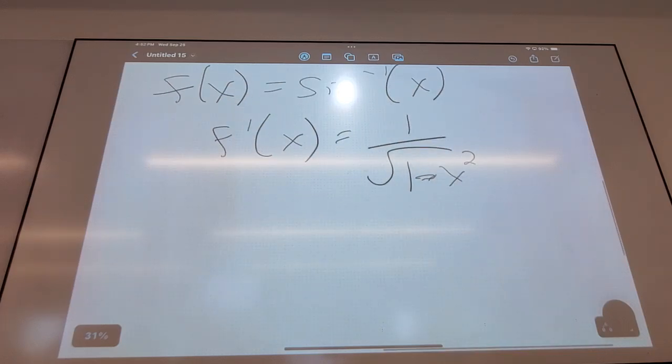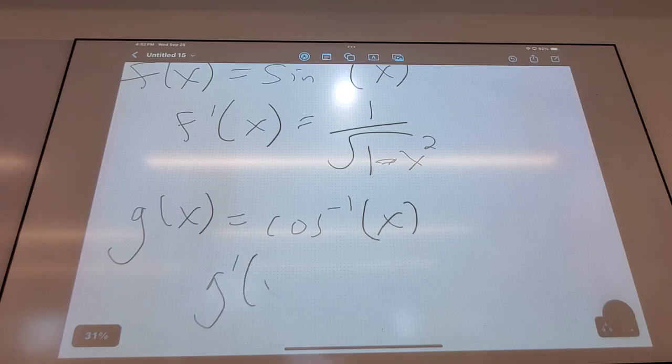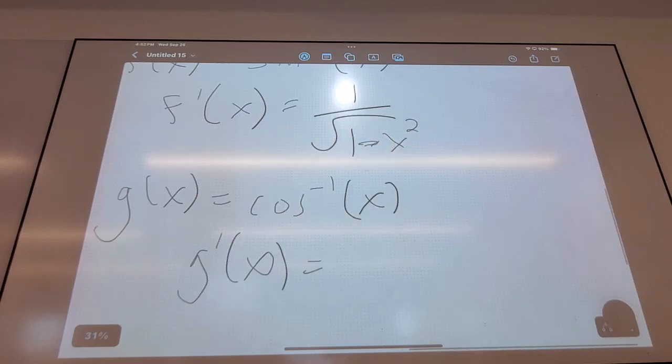Can somebody hazard a guess without doing much work? If I give you inverse cosine, what will its derivative be? What's the derivative of sine x? Cosine x. What's the derivative of cosine x? Negative sine x. So what's a decent guess?